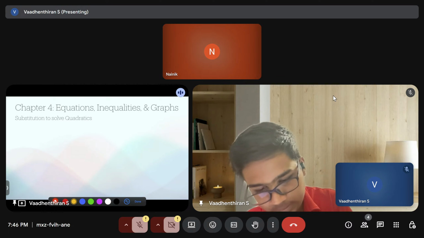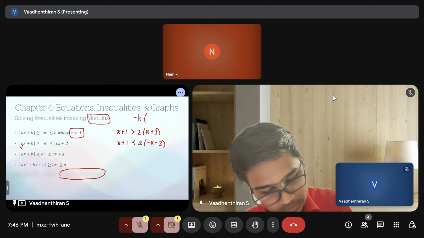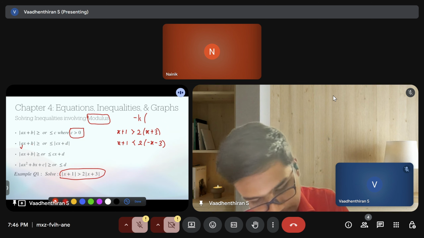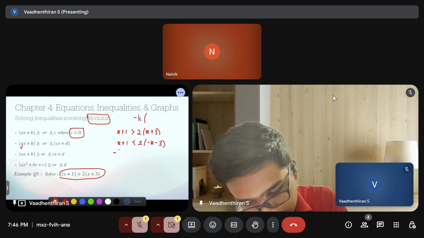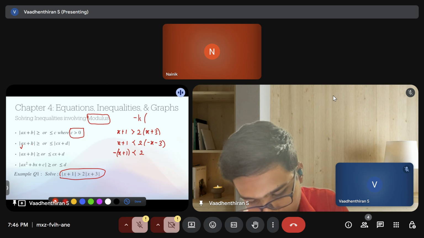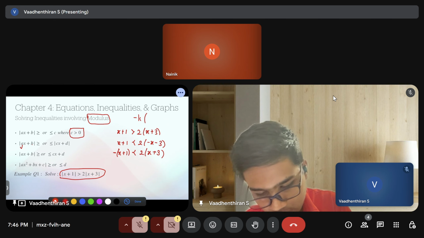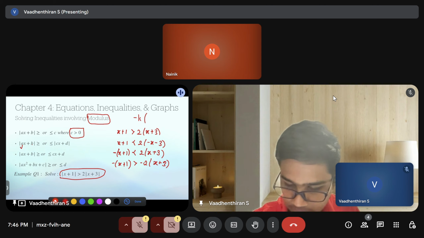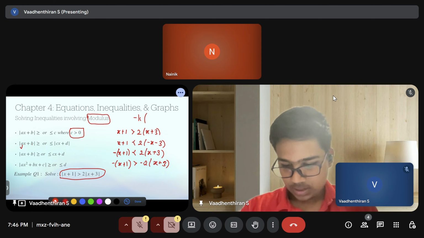Then either this or you can have negative x plus 1, which will be less than 2 times x plus 3, or you can have negative x plus 1 greater than negative 2 times x plus 3. You can just multiply the negative 2 inside, so that's not a matter.